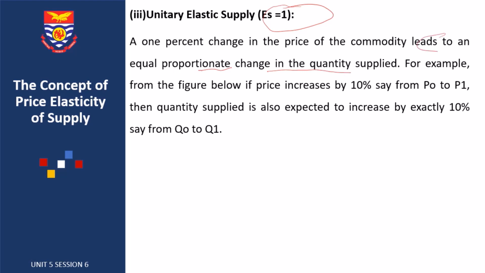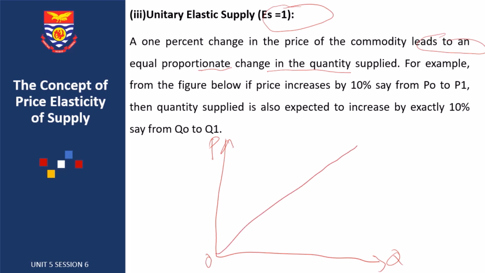For example, as I'm going to sketch here, I have price, Q, my origin, and the supply curve like this.